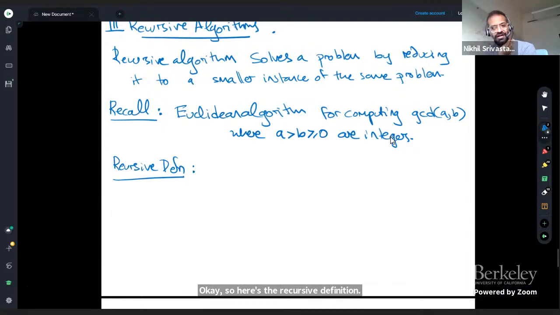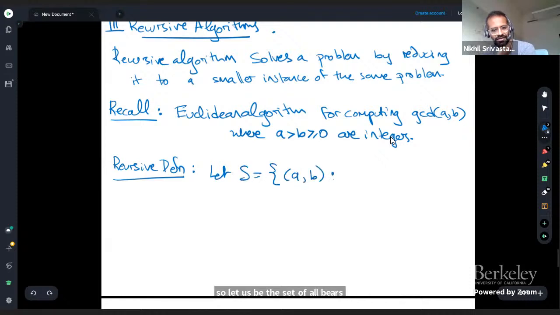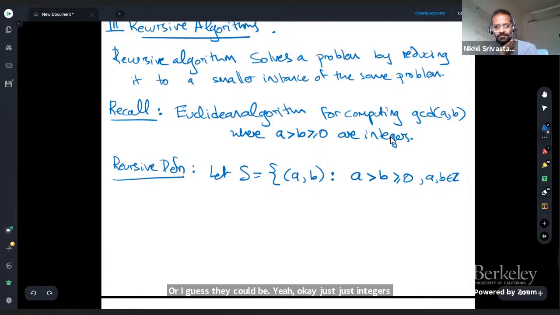So first I'm going to define the domain of the function. So let S be the set of all pairs A comma B such that A is bigger than B and B is bigger than 0 and all of them are integers. I already said they're non-negative.